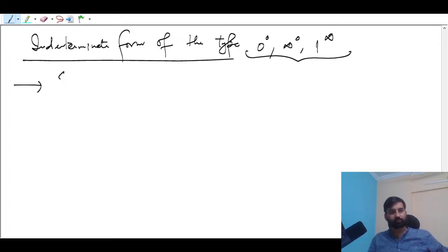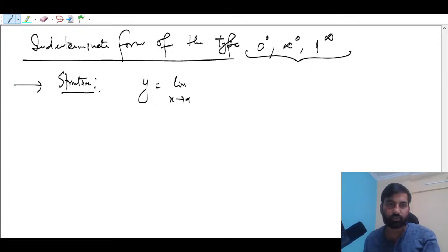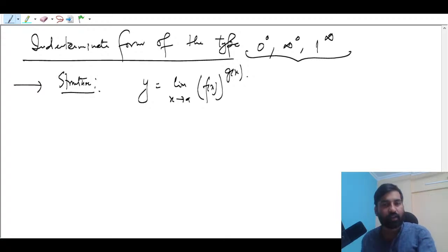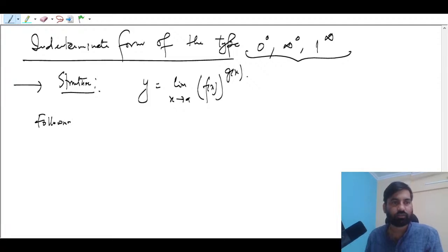First, you need to understand the structure. The structure is like, suppose y equals limit x tending to a of f(x) power g(x). This is the form of the question that they will be asking. Then what you can do here is, following cases that you have to see.